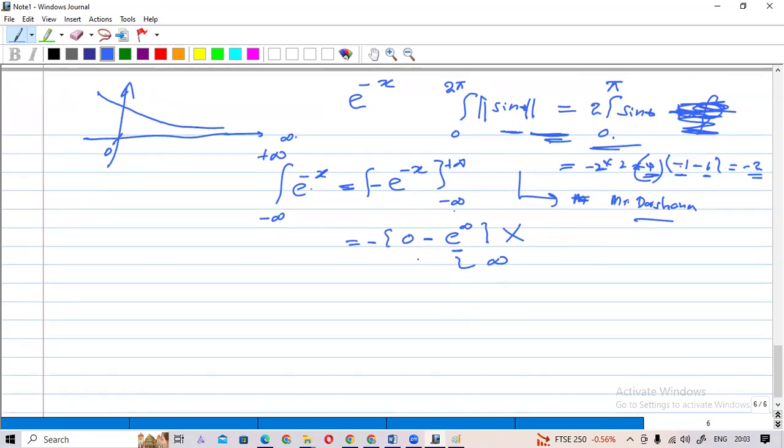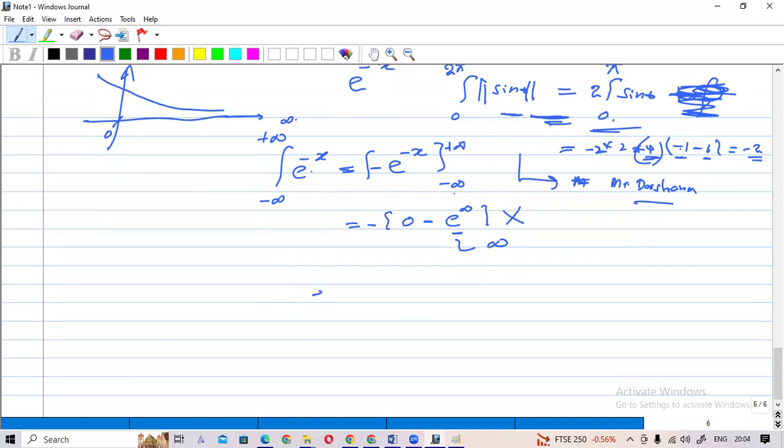But we can evaluate the integration of e to the power minus x from 0 to plus infinity. So you will have minus e to the power minus x, with the limits 0 to plus infinity.